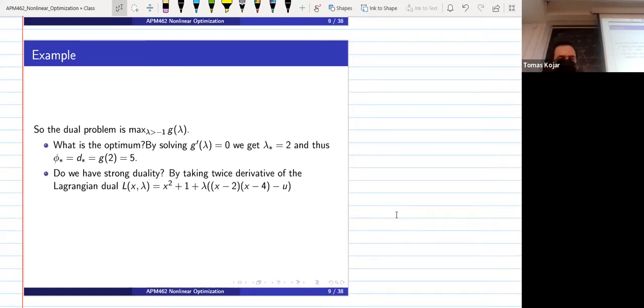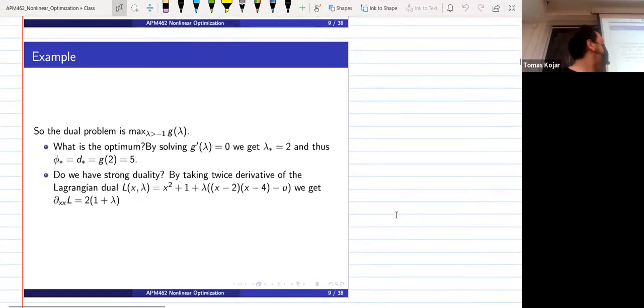So I might as well do it. Here's your Lagrange dual, and by KKT, you need this guy to have a positive derivative. I take it, and it becomes 2 times 1 plus lambda, which we said is positive, because we took our lambda to be bigger than -1. Okay? Great.